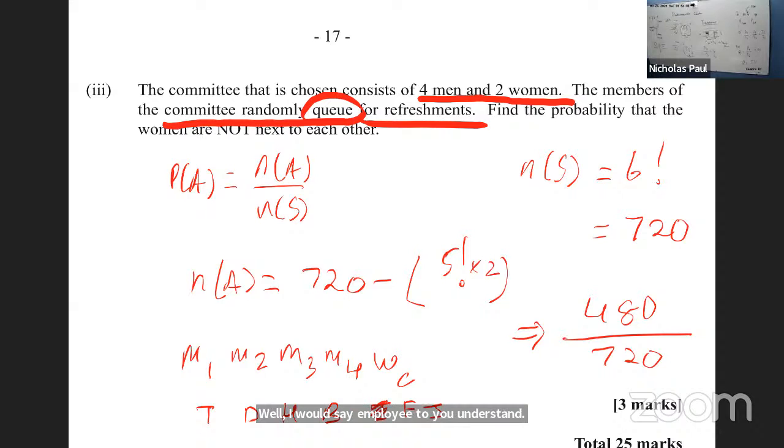We have to consider all the possible queues. All right. The other tricky one, well, I misinterpreted it at first. If you all read it properly, it's not a hard question.